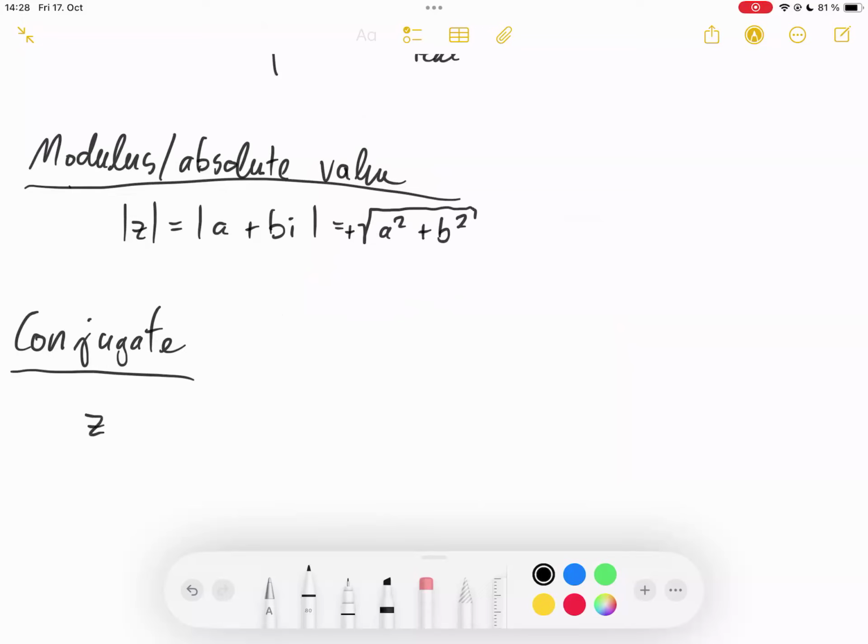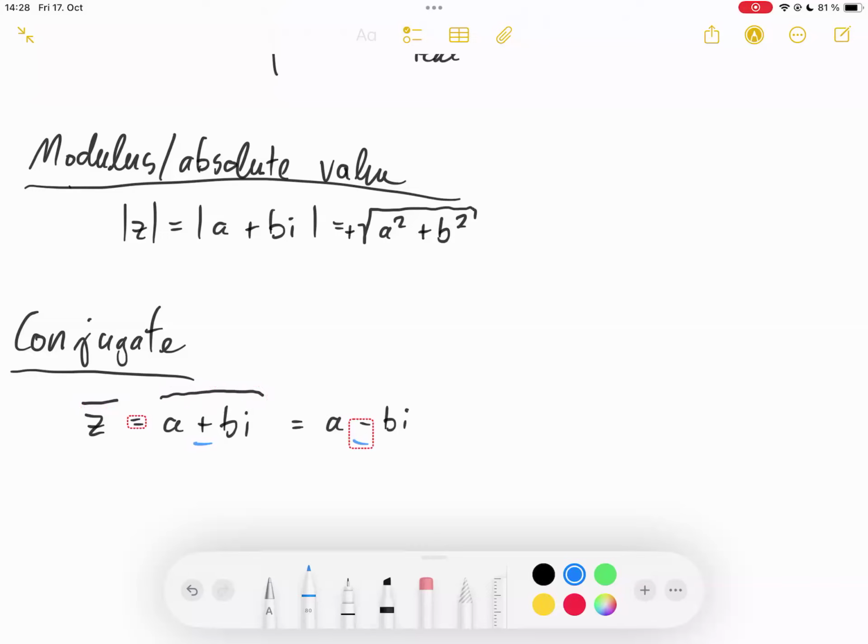We have z, and we put a bar on top, and the conjugate of this would be, so we have a plus bi, and I want the conjugate of that. What we do is we just flip the sign of the imaginary part. So this would be a minus bi. We just change the sign of this imaginary part.